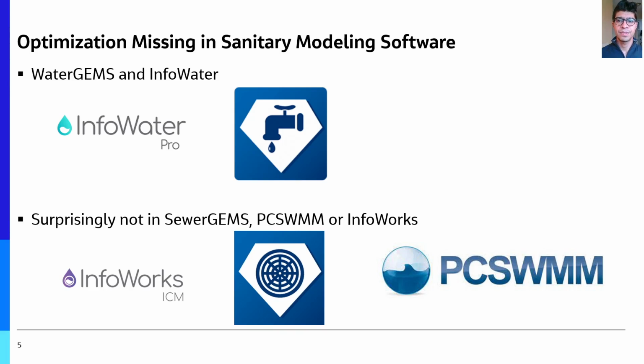But it's strange that we don't have this luxury when it comes to wastewater modeling. For example, InfoWorks does not include anything like that, or SewerGEMS, or PCSWMM, which is the software that we developed this specific case study model in.